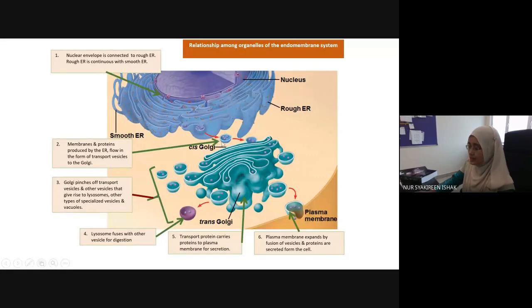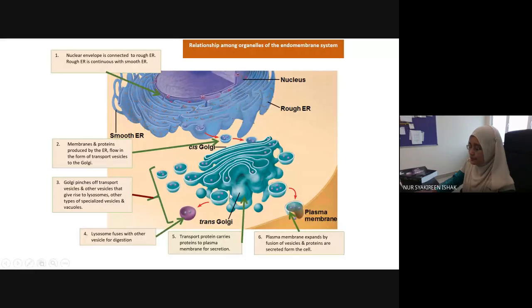And then this transport vesicle will fuse with the membrane of the Golgi apparatus at the cis face of the Golgi, and then the protein will be modified as it travels through the Golgi until it reaches the trans face of the Golgi.